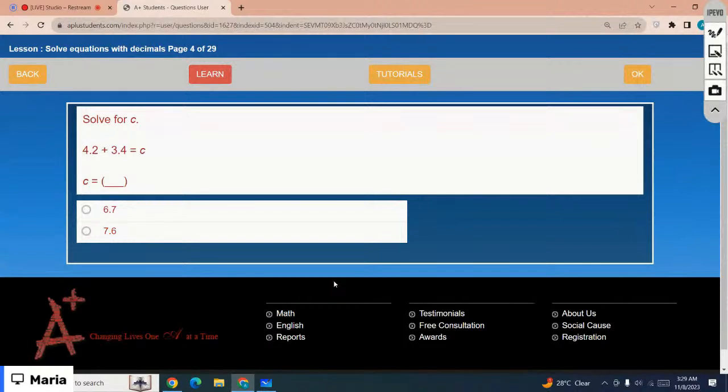m plus 1.2 equals 9.4. So which is the correct option? Move 1.2 to the other side.